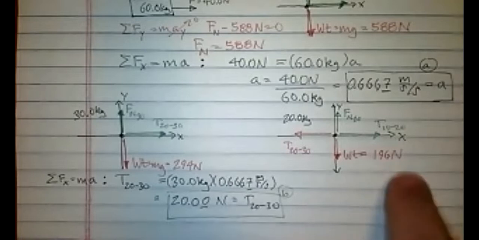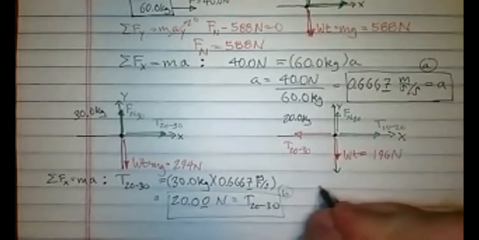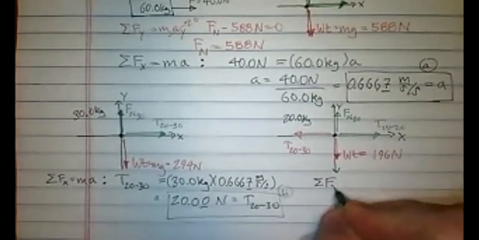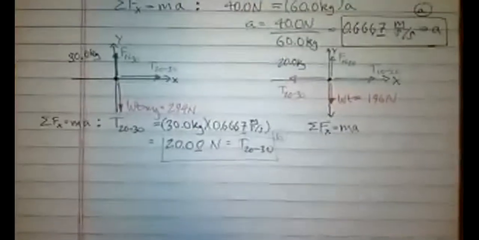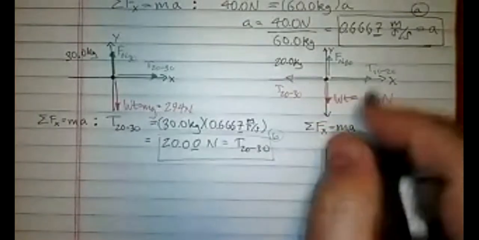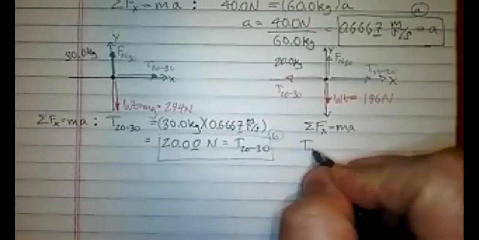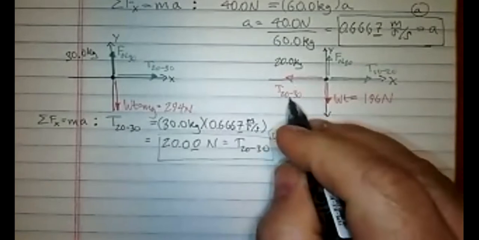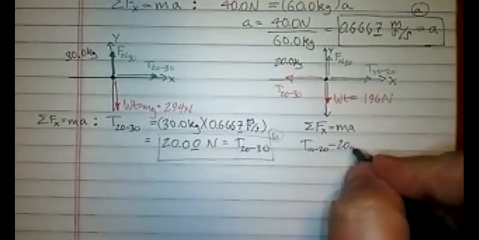Again, FN20 is going to be equal to 196 newtons, as we expect, but the summation of forces in the x direction is what's relevant. So the summation of forces in the x direction equals MA. I'm going to try to not force everything in such a small space. The positive force is T10-20, so I'll say T10-20 minus T20-30, which we found was in fact 20 newtons.